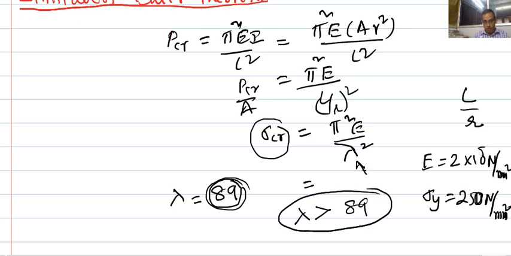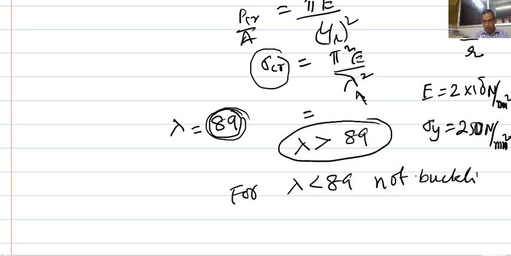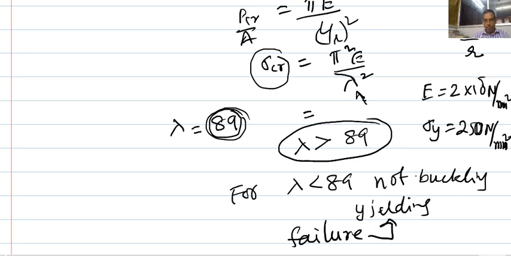right. That means the column is going to buckle only when lambda is more than 89, but for lambda less than 89, it is not buckling, but it is going to be yielding, right. So, the failure of the column takes place by yielding.